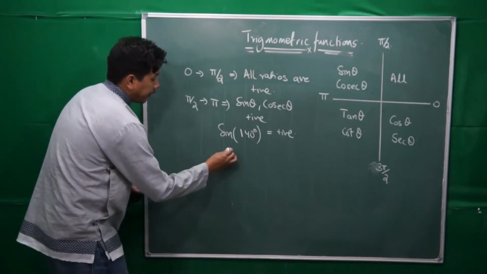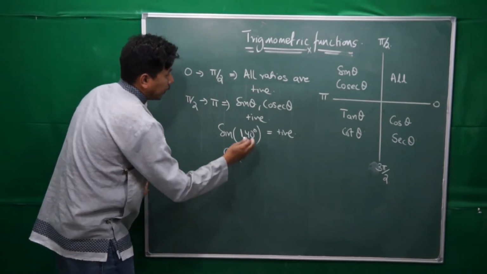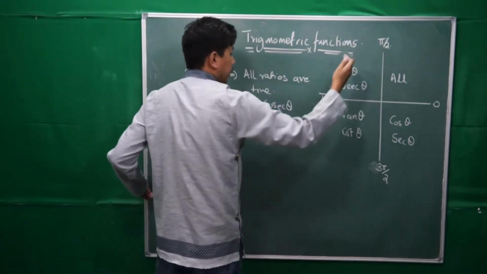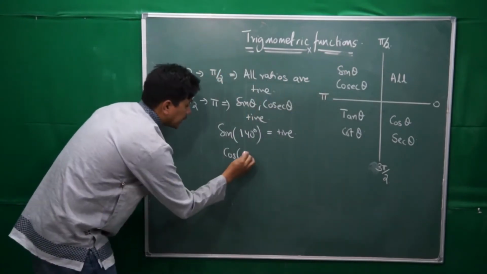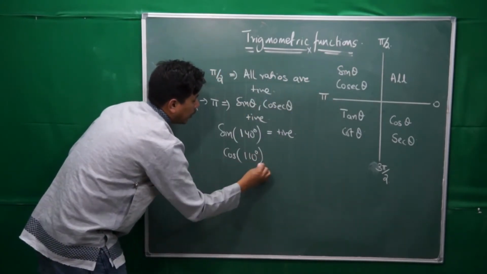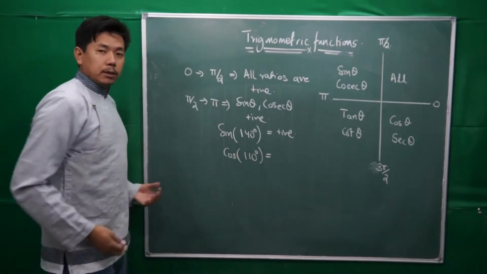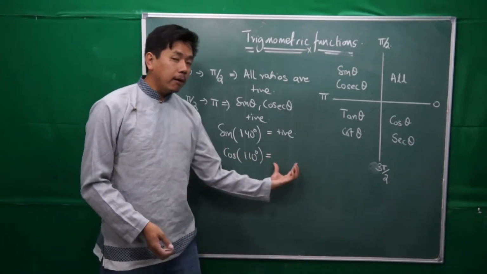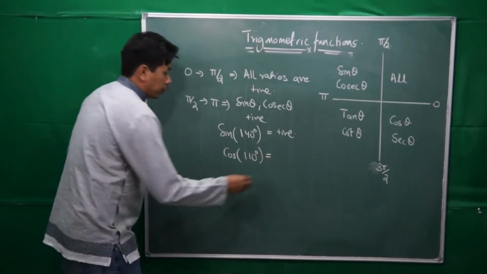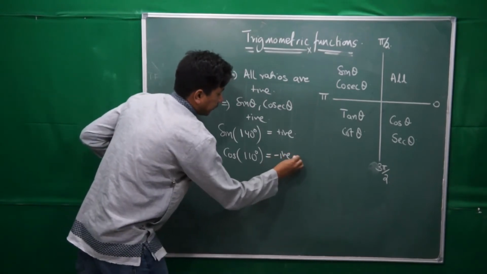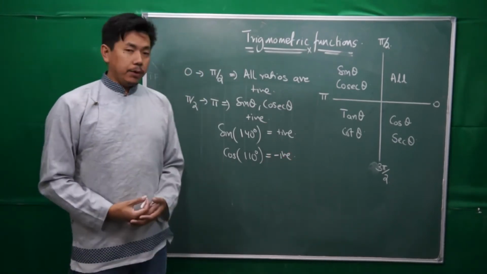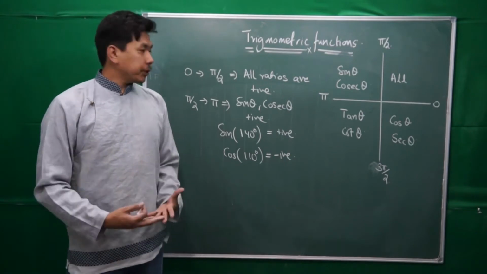But if I have cos of an angle between 90 degrees and 180 degrees, let's say 110 degrees, whatever value this trigonometric ratio gives, the value would be negative. Okay, so this much is clear.